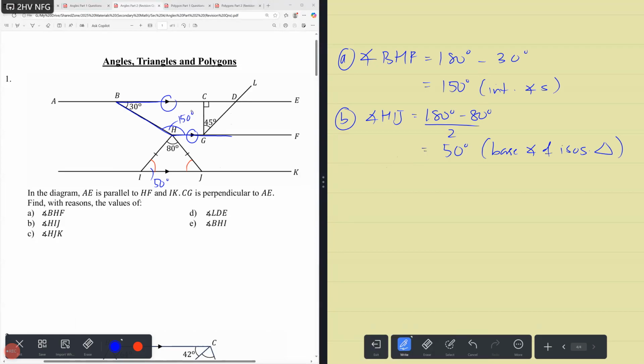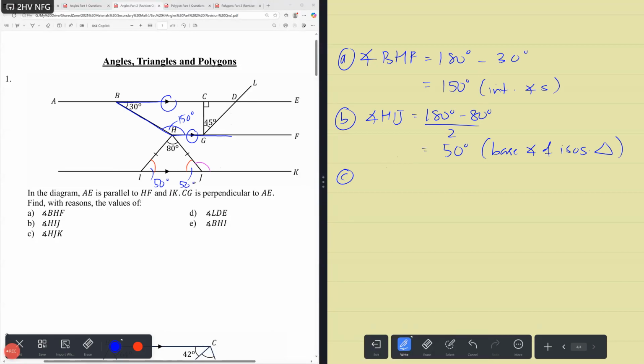Okay, next one, part C. Part C is angle HJK. Angle HJK is this one. Let me label it in pink. So this is the angle. It's quite simple because I know this angle is 50 degrees as well.